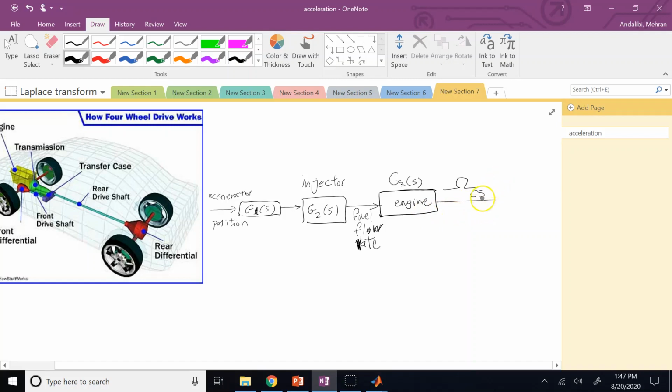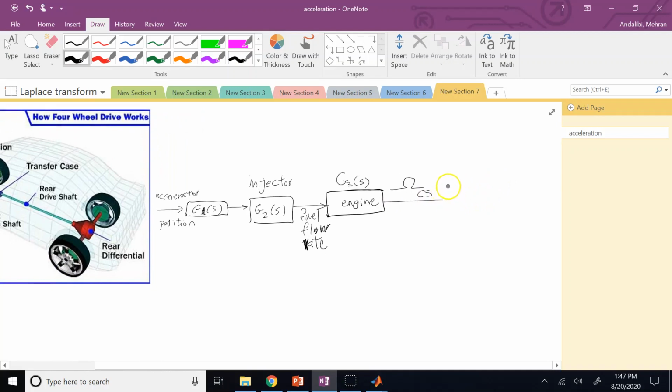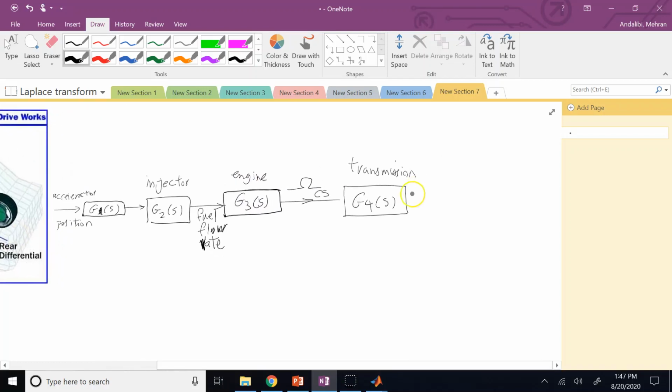And then that is going to go inside your transmission. So let's say your transmission has G4 of S. And then the transmission will have a transfer function.